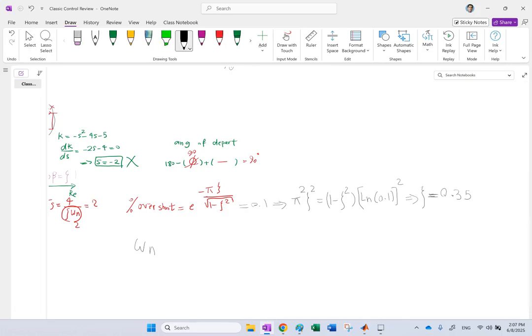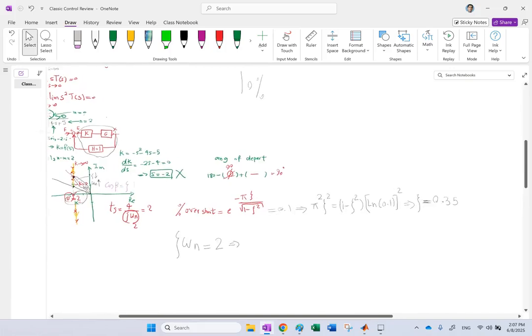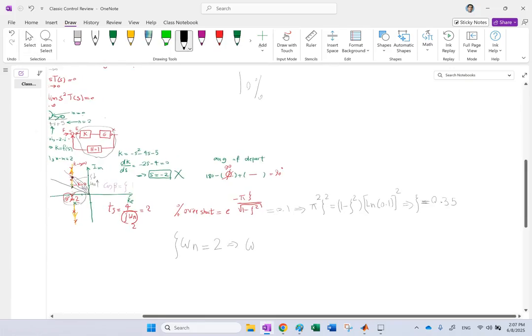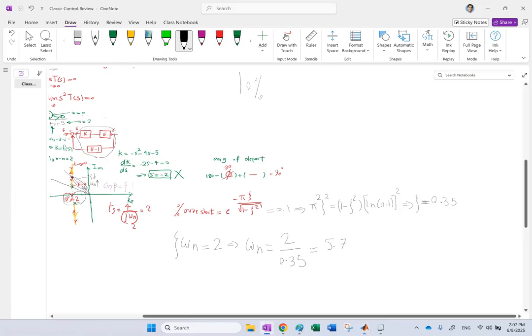If that's the case, how much is my omega n? Well, zeta omega n in this system for any pole has to be equal to 2. So when zeta goes to 0.35, omega n is going to go to 2 over 0.35, and that number is going to be, let me calculate it in MATLAB, 5.71 radians per second.